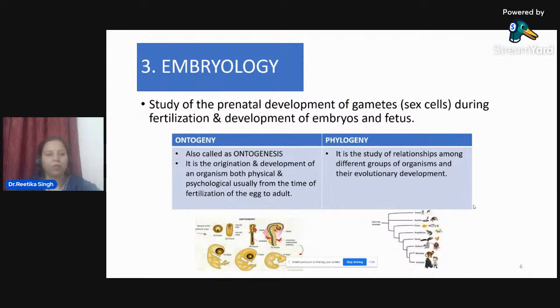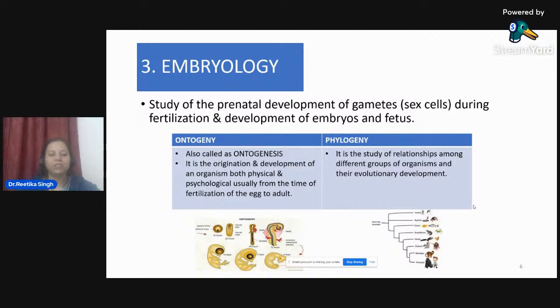Third one is embryology. In embryology, we study the prenatal development of sex cells during fertilization and development of the embryo or fetus. It is divided into two, that is ontogeny and phylogeny. Ontogeny is the origination and development of physical and psychological characteristics, usually from the time of fertilization of an egg to an adult.